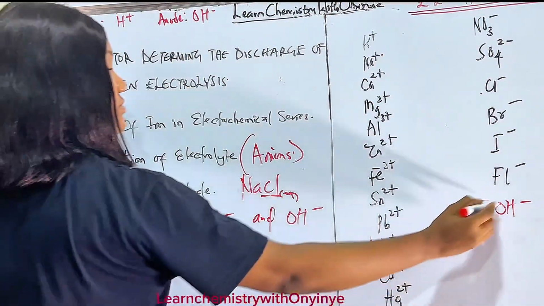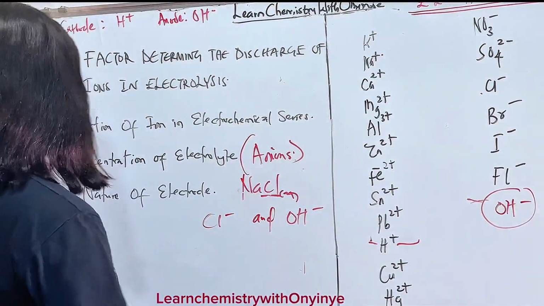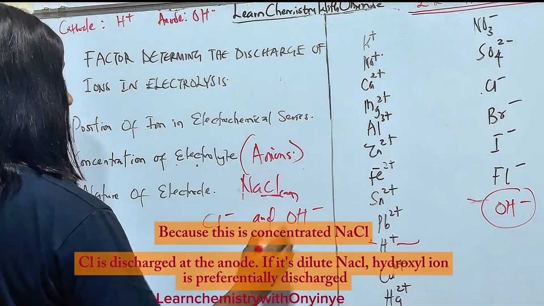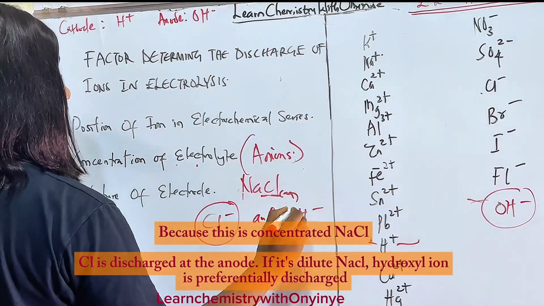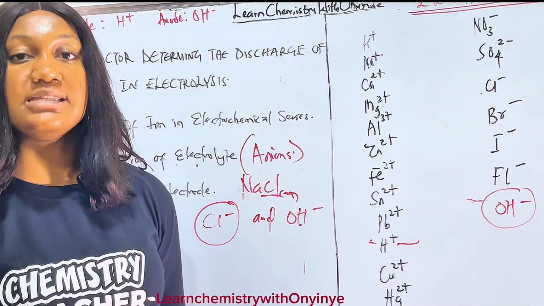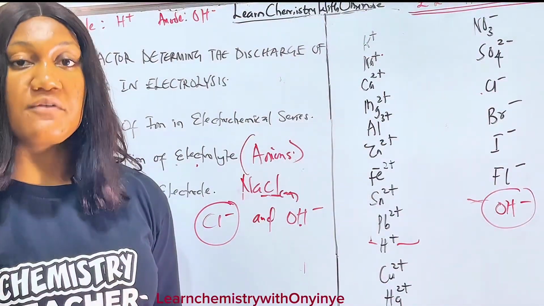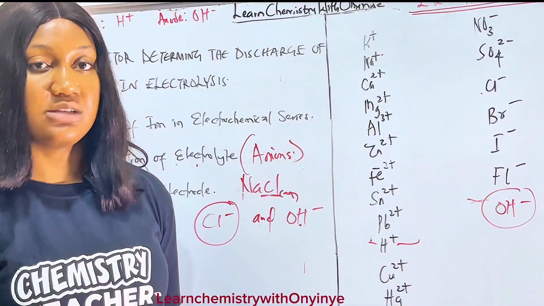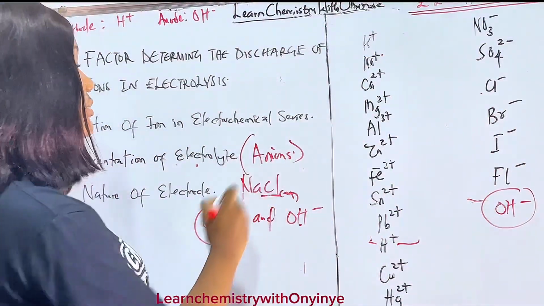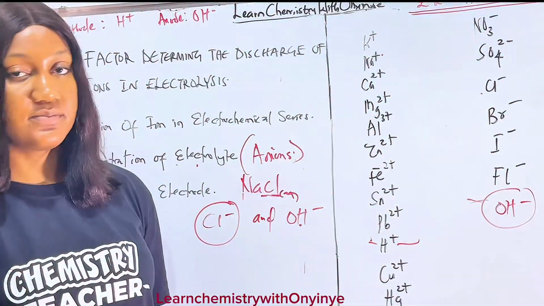Normally, if you obey the rule, OH should be discharged. However, because of the concentration, what's going to be discharged here is the chlorine and not the OH. So this is going to go against the position of ion in the electrochemical series. And again, this only works if the anion is a halogen.